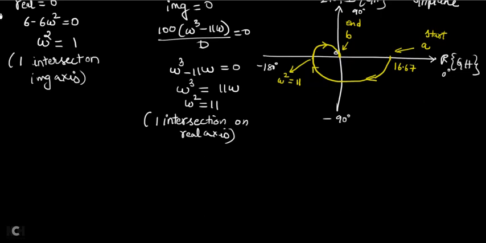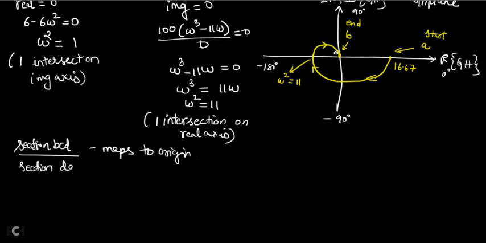After section A to B, now you have to go for section BCD. You know that section BCD maps to origin. You need not do it. For all the problems, section BCD maps to origin. Now what is the last section? Section DA.